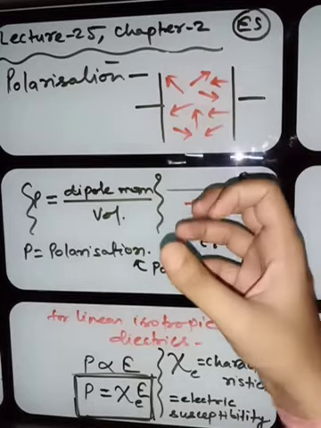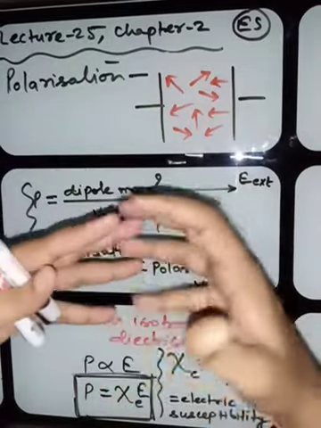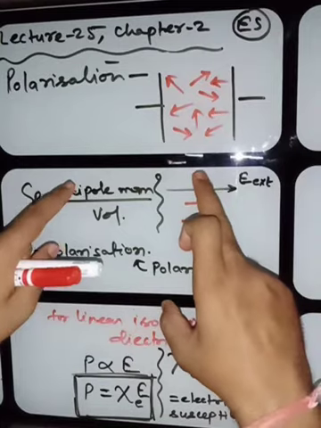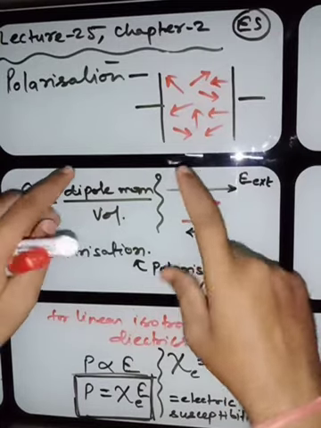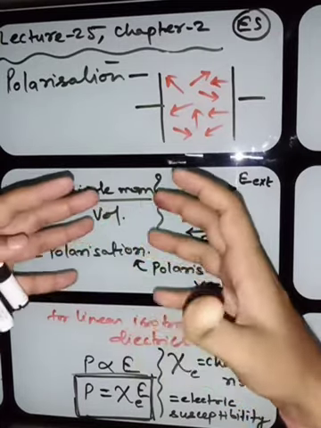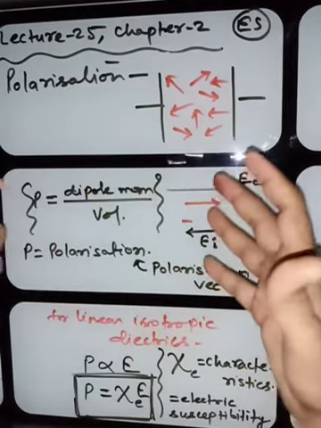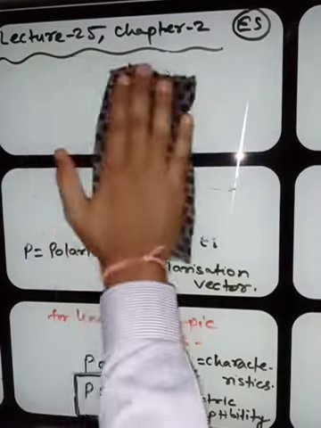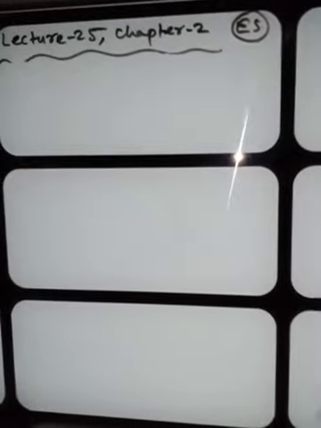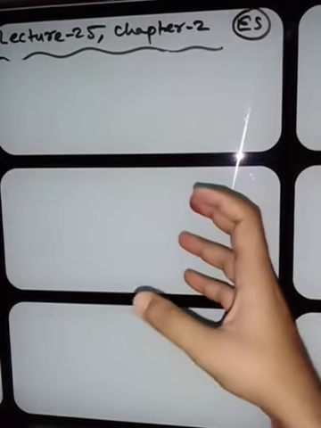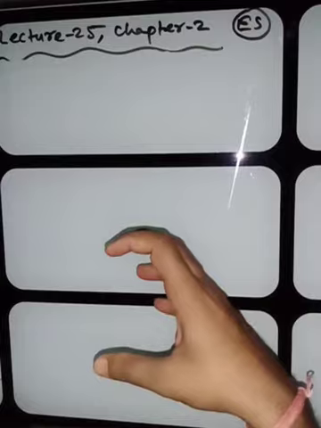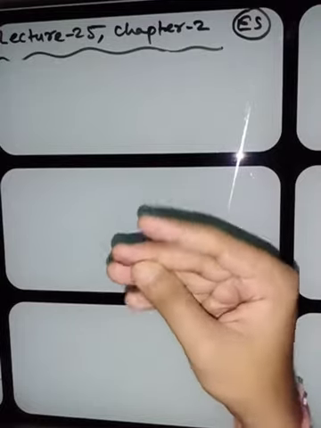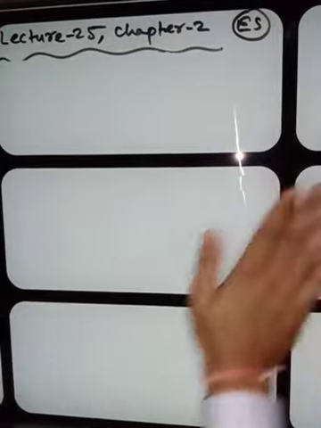Okay, in this section, now we will study how this dielectric changes the electric field, potential, or the capacitance of a capacitor. Okay, my dear students, I'm rubbing this. Now I'm going to derive the mathematical formula for the capacitance of a parallel plate capacitor due to insertion of dielectric.